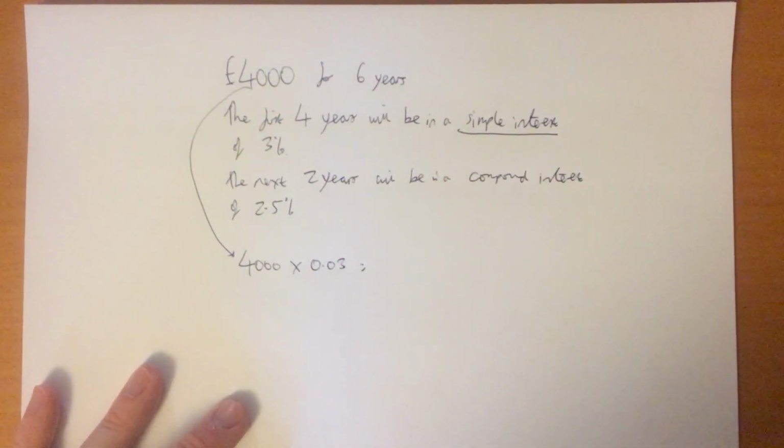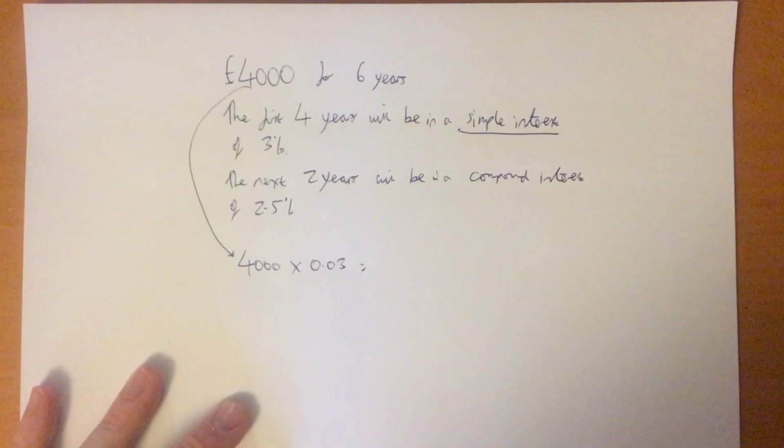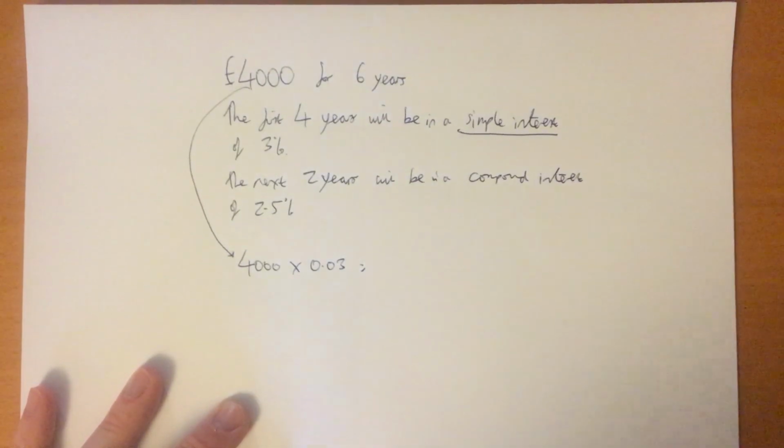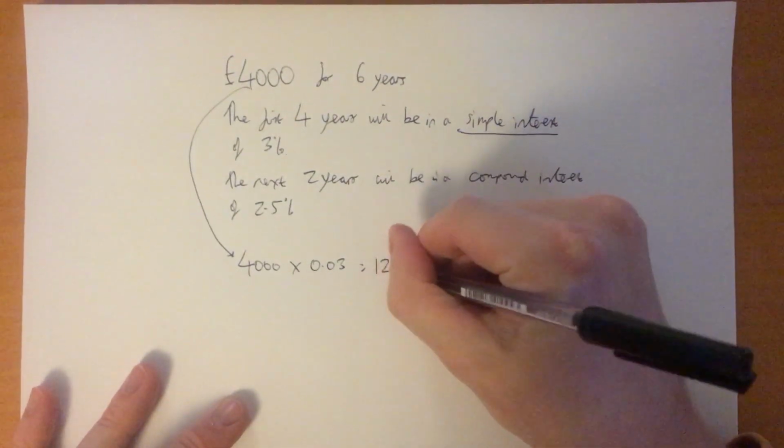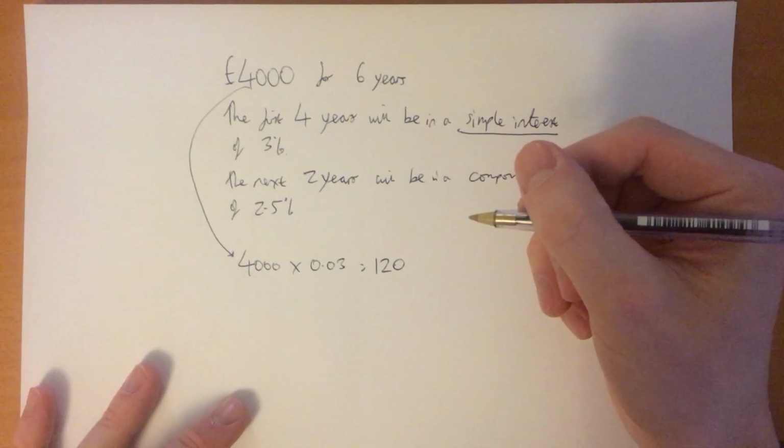So let me do that now. 4,000 times 0.03 is 120. So 120. Okay.